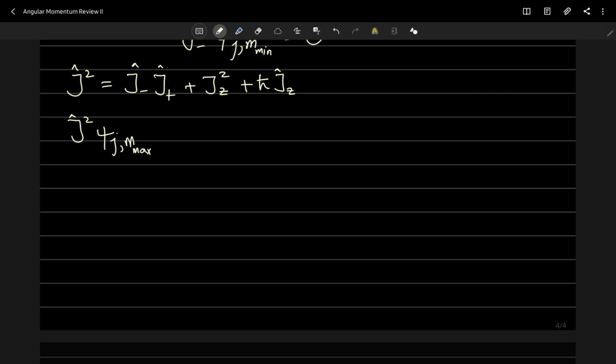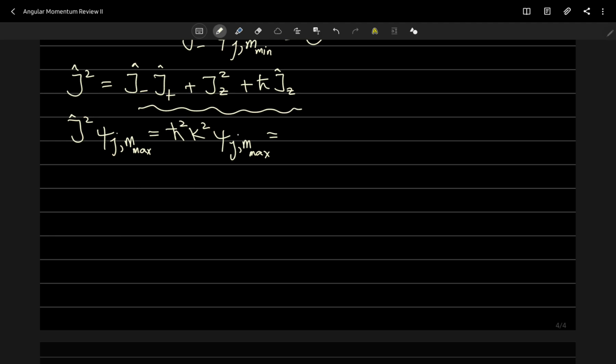What should that give you? Let's see. Because we know the eigenvalue of j squared, it's h bar squared k squared on psi j m max. But from this relation, what would that be?